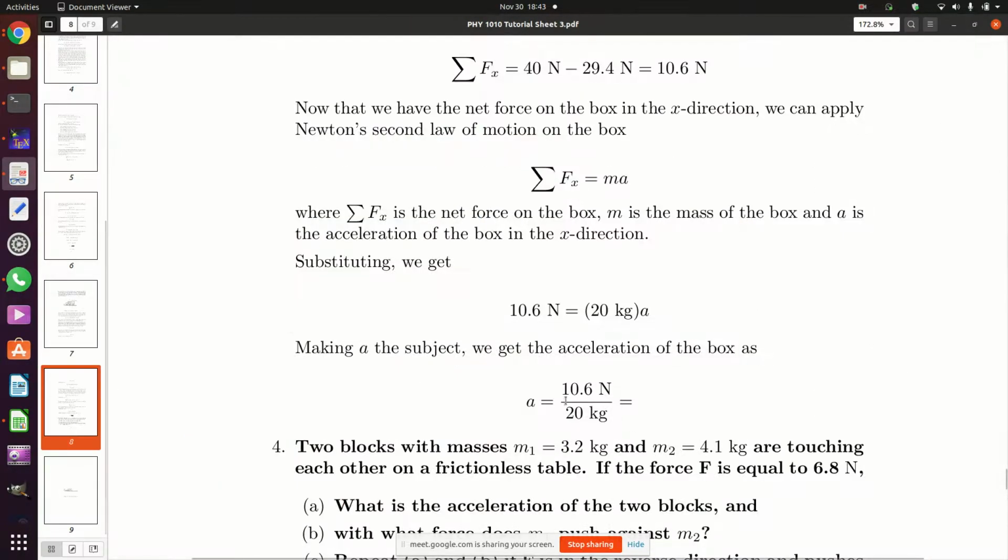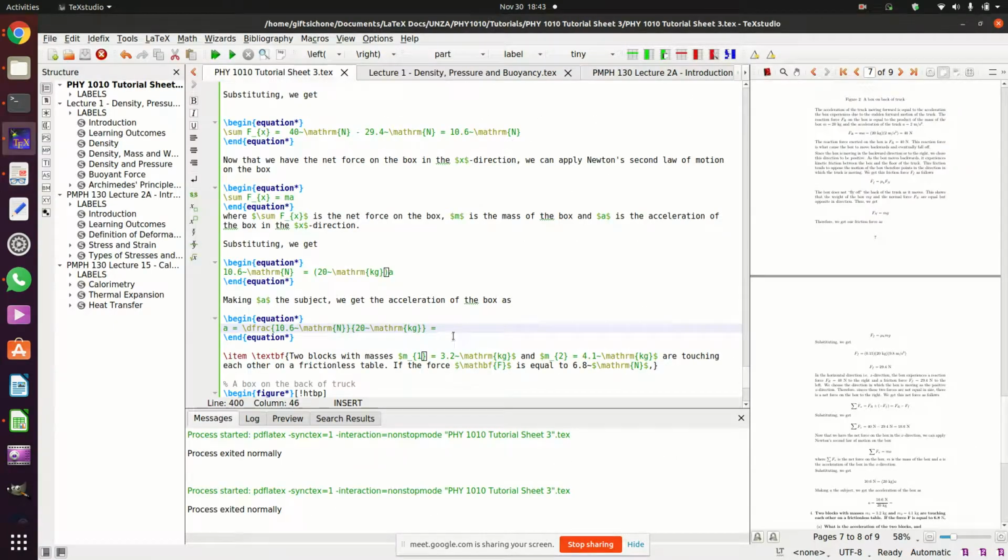So how much would be our acceleration of the box? 0.53 meters per second squared.